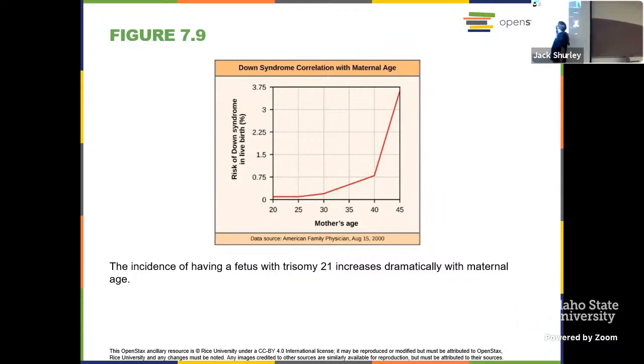So they say at about 35 years old, the incidence of this starts to increase and potentially some screening could be warranted, all right? As we look over here at 40 or 45, which is pushing toward the tail end of your reproductive age, the potential increases pretty dramatically, all right?